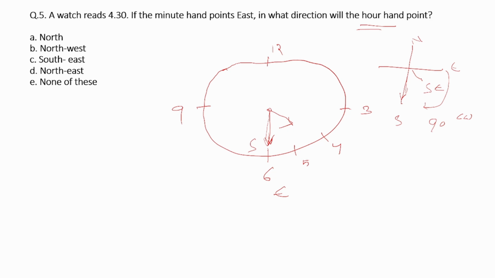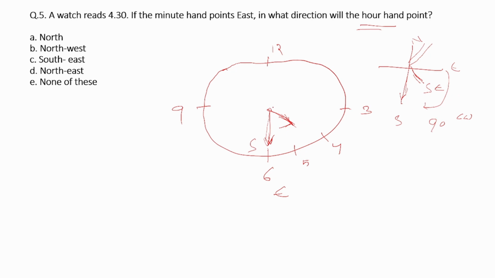So here this is 90 degrees, which means this is 45 and this is 45. Actually this is a north-south-east moving line, a southeast moving line, since the lines are moving 90 degrees in the clockwise direction.